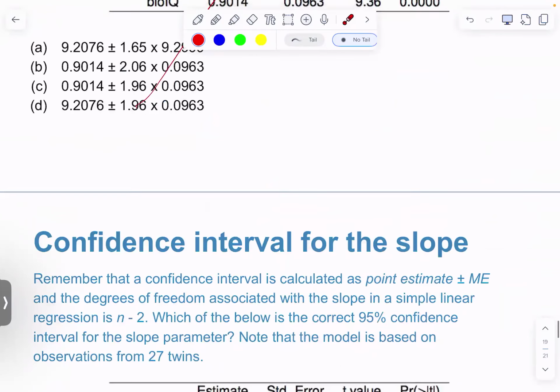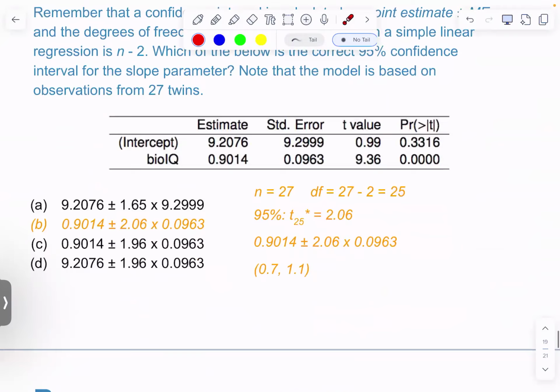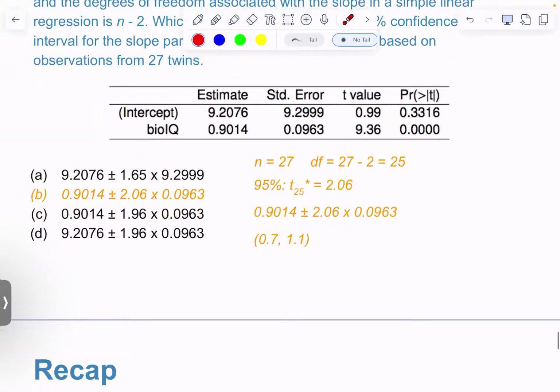Surprise, surprise, surprise. I know, right? Because what's a confidence interval? Point estimate plus minus a critical value, right? Which in this case would be a t at n-2 degrees of freedom, so 25 degrees of freedom. You know how to find that using the t-table, right? Times the standard error of the point estimate, which you also have from the output. I'm not going to make you do that though.